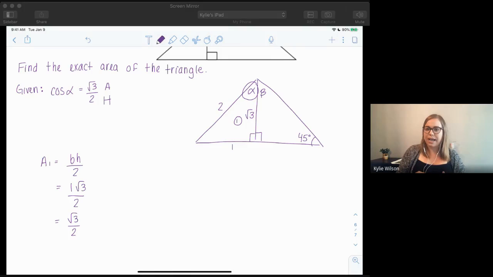Okay, so now let's look at triangle 2. Because this angle is 90 and this is 45, if I use my interior angles of a triangle, beta also has to be 45 up here. So that means we do have another special triangle.